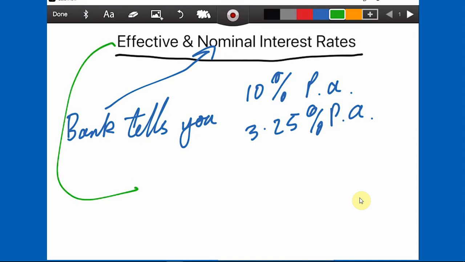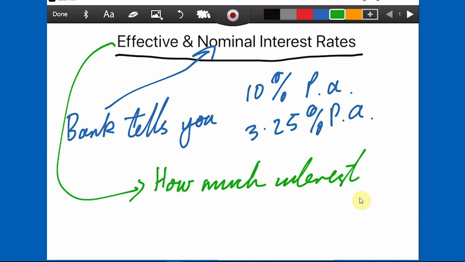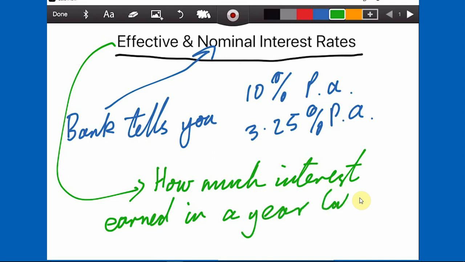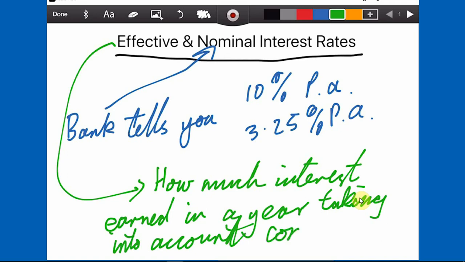So the effective interest rate is how much interest you've earned in a year, taking into account compounding.